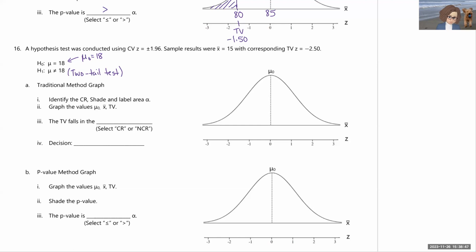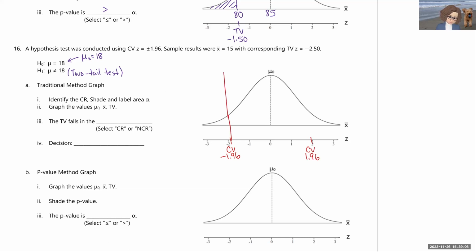But I will start with my critical region. All right, so critical values plus or minus 1.96. So critical value at a negative 1.96, critical value at a positive 1.96.